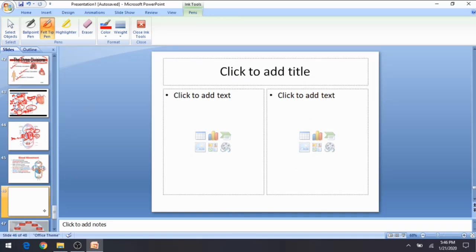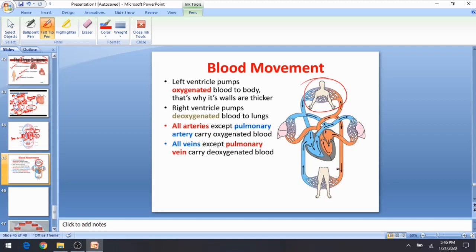In this tabular form, I would like to explain: the upper part and the lower part of the body, through the superior vena cava and inferior vena cava, bring deoxygenated blood and allow it to enter the right side of the heart, from where it moves on to the lungs. The pulmonary artery carries deoxygenated blood, and there the exchange of gases takes place.